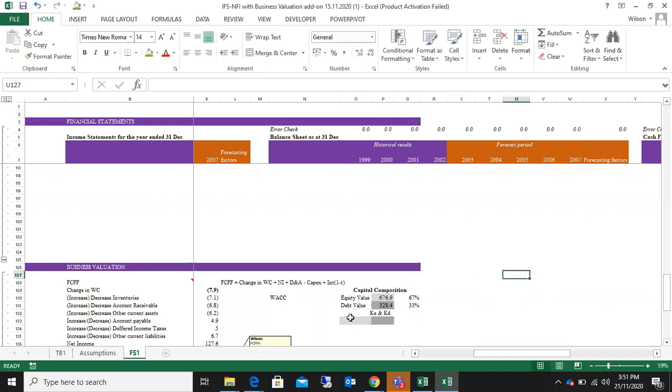Okay, cost of debt and cost of equity. So first is our KE, next is our KD.